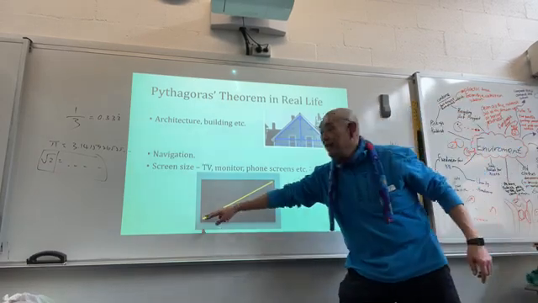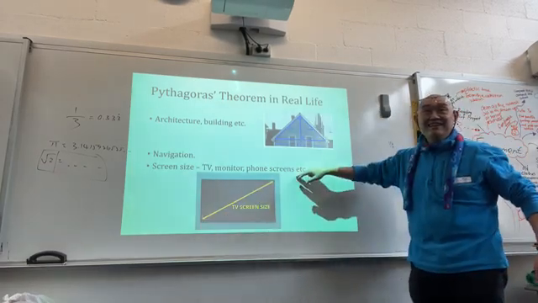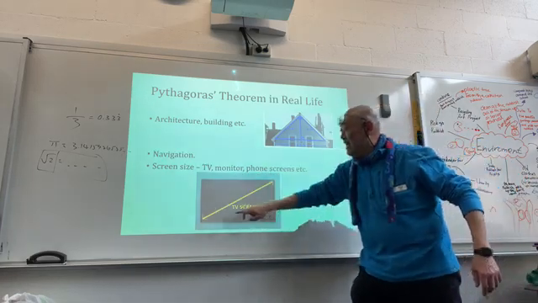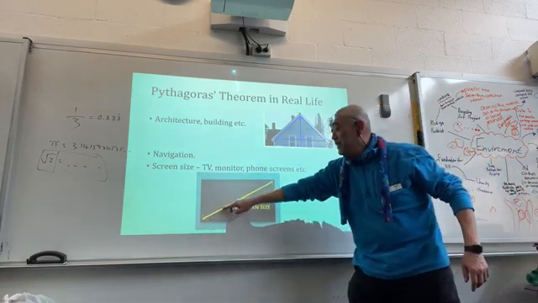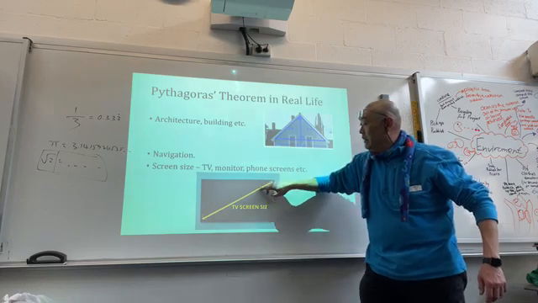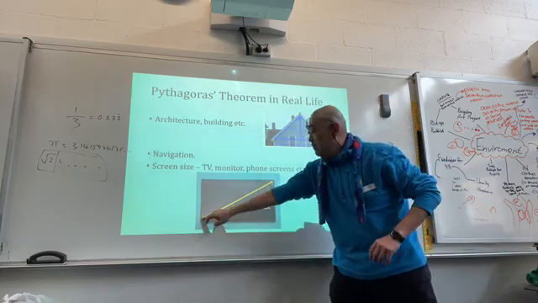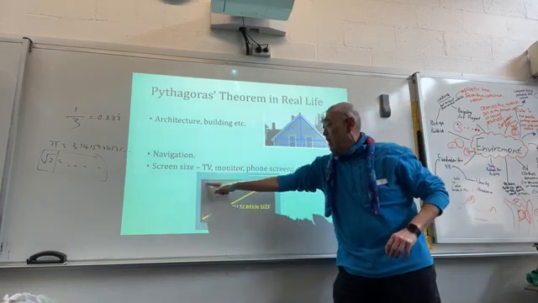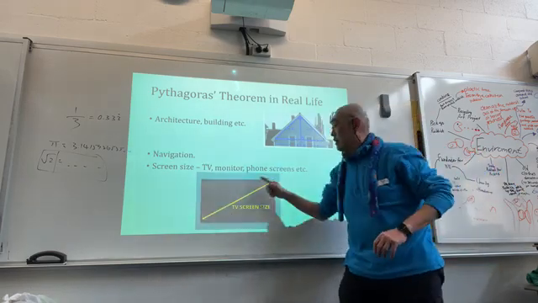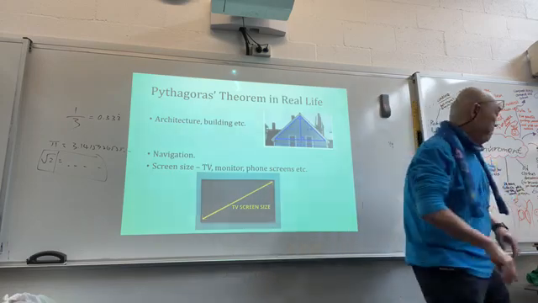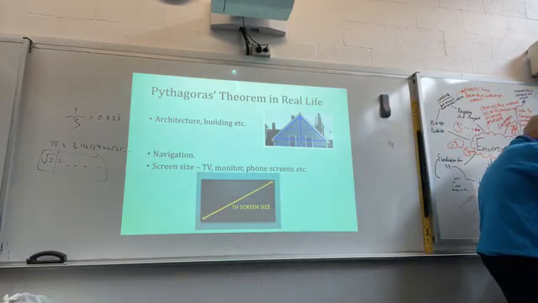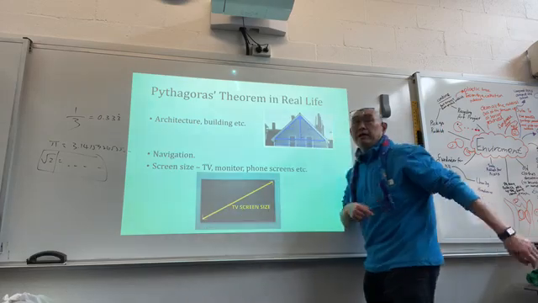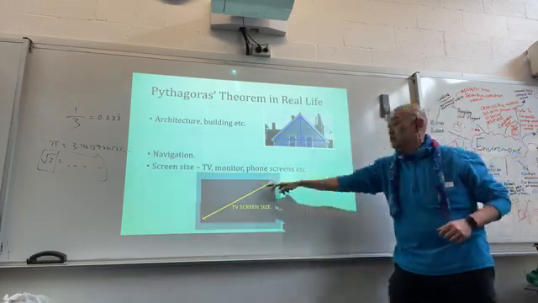You measure from one end to the other end. Right? It's never this or that. Any screen that they advertise is always from one corner to the other, the diagonal. It doesn't really matter, it's here to here or there to there. It's the same. So you can use Pythagoras' theorem and work out the screen size.